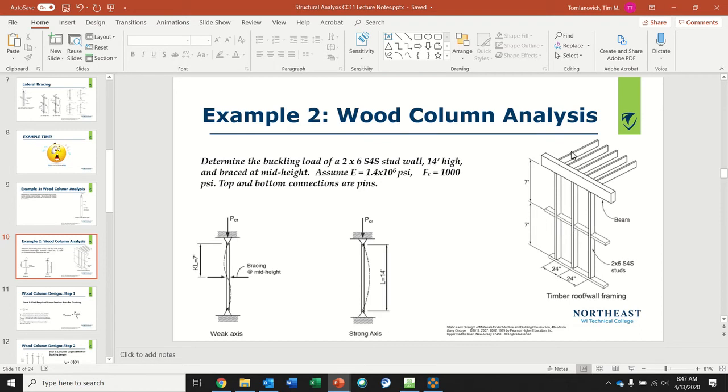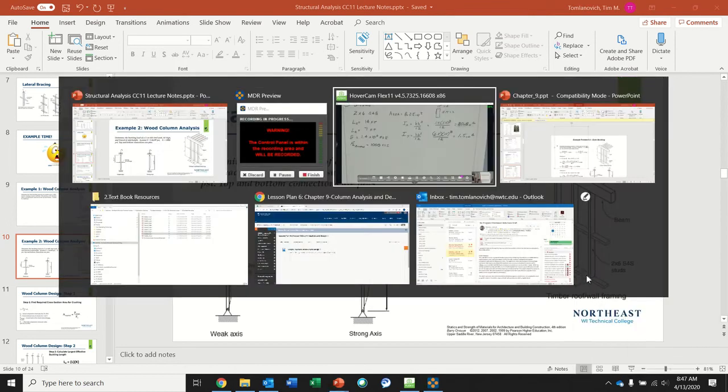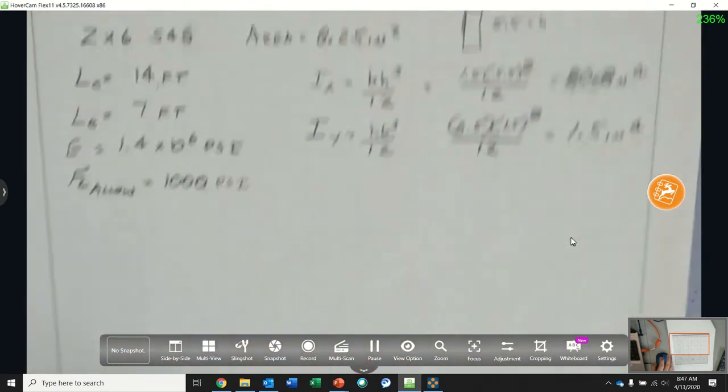The y-axis is this way, and if I rotate around it, it's going to buckle parallel to the wall, not perpendicular to the wall. So that's my givens.